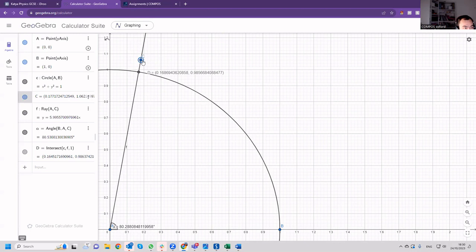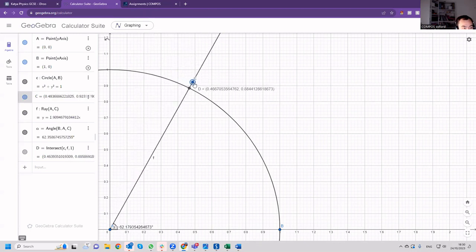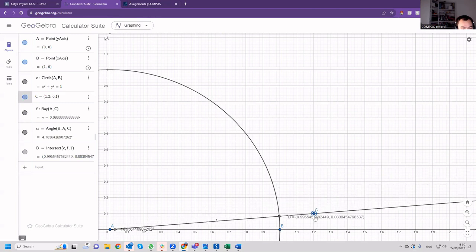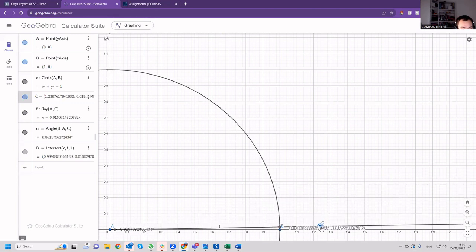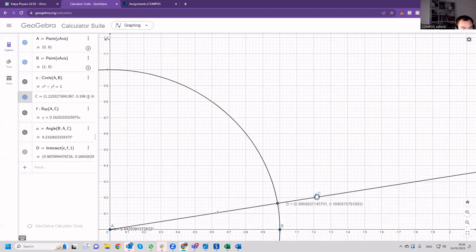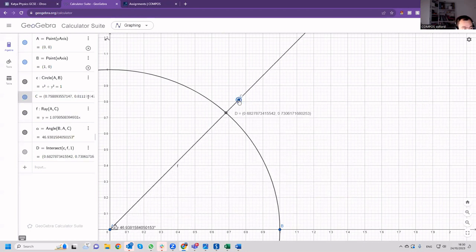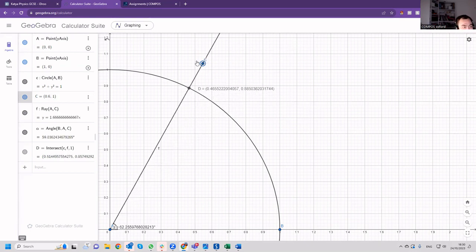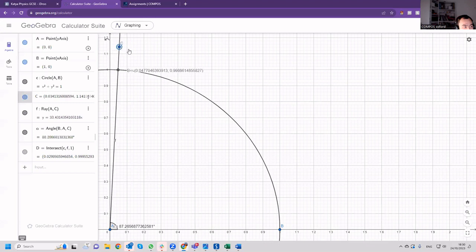So cosine and sine change as the angle changes. For example, for 45 degrees, the cosine and sine are the same, and it does make sense. 0.707, which is square root of 2/2. And then you move around like this.